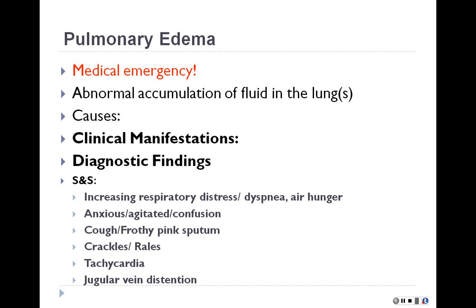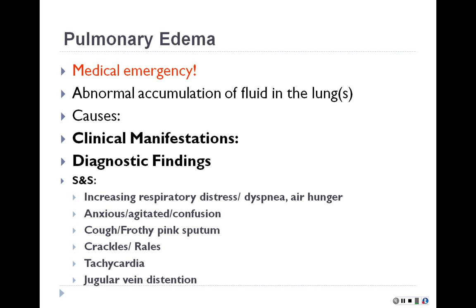Diagnostically, we will see ABGs start showing more hypoxia, and they may put in an art line in this patient to make it easier to draw those arterial blood gases. The BNP, which is the B-type natriuretic peptide, you've probably seen that ordered on some of your patients, or you will. That's produced in the ventricles when there's a fluid overload from heart failure, so that level will be elevated.